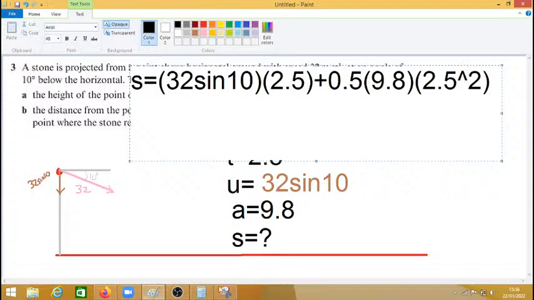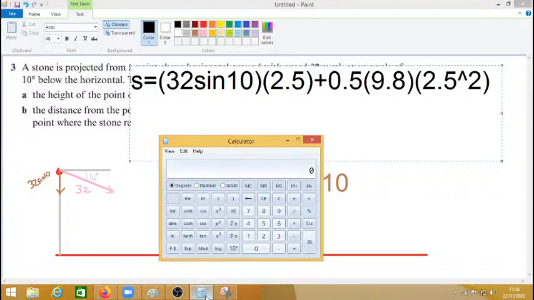Okay, try typing that in now. Times the 2.5 plus 0.5 times 9.8 times, and this is 2.5 squared.